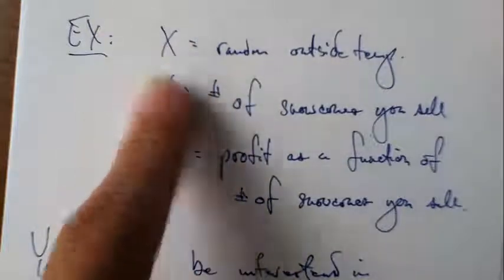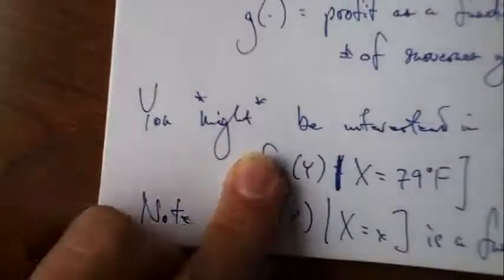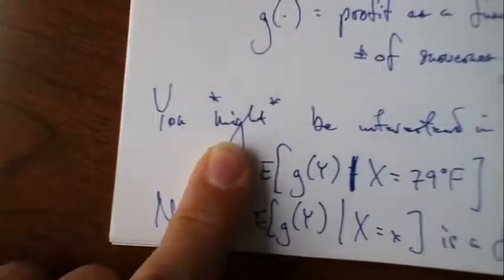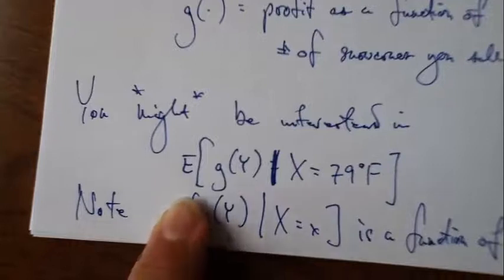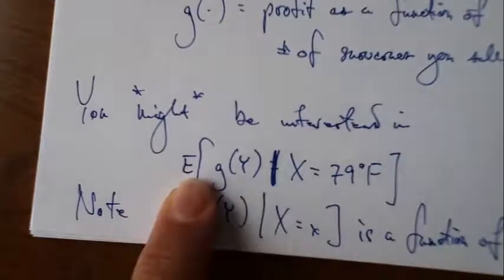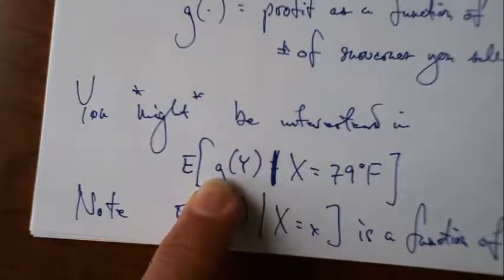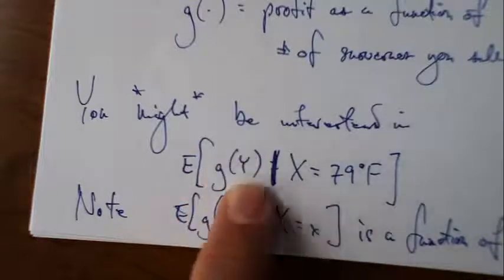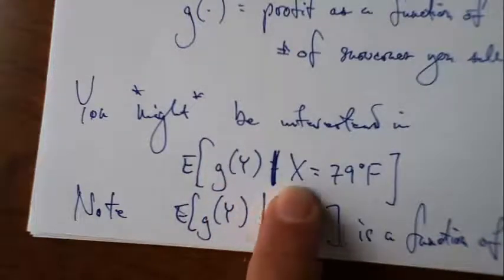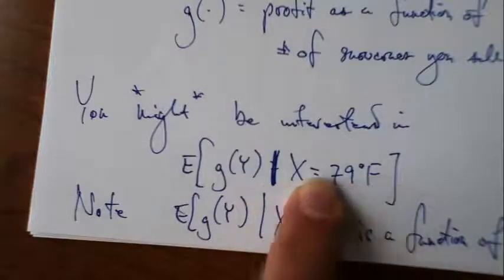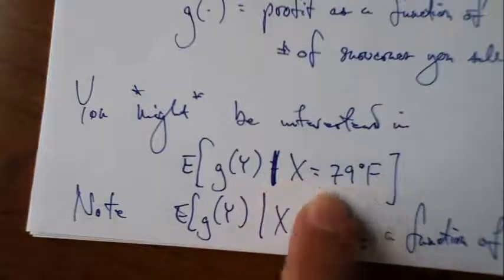Okay? So you might be interested in something like this: the expected value of your profit as a function of this random variable y, which is the number of snow cones you sell, given that the random temperature takes on this value of 79 degrees Fahrenheit, something like that.